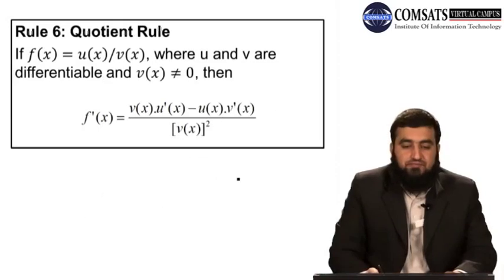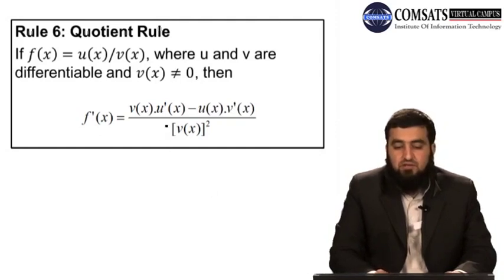Rule number 6. This is called the quotient rule. So if f of x is the quotient of two functions u of x and v of x, where u and v are differentiable and v of x is not equal to 0, then f prime of x is given by v of x dot u prime of x minus u of x dot v prime of x, whole divided by v of x square.